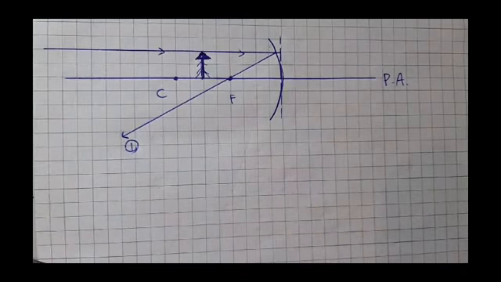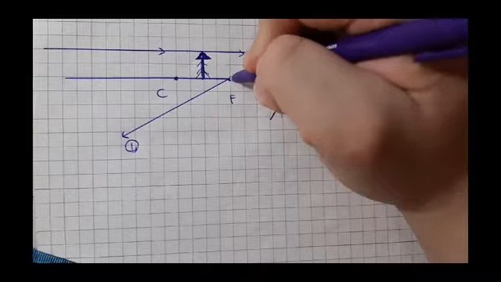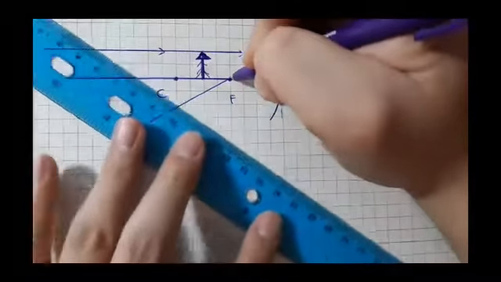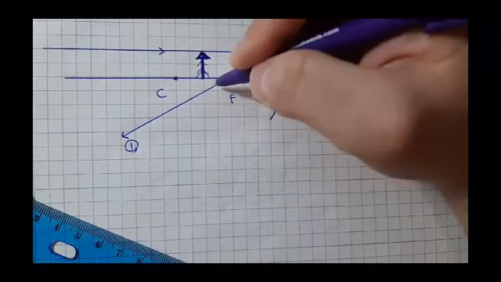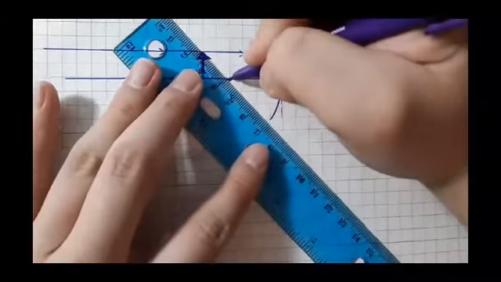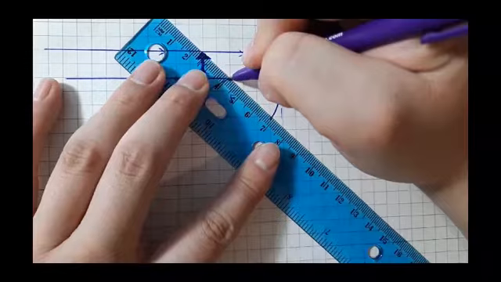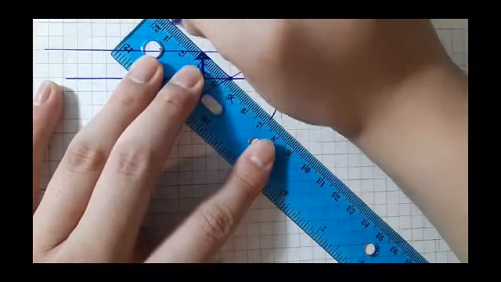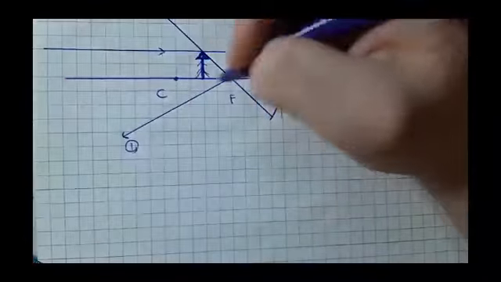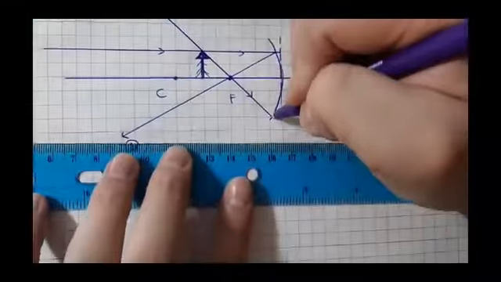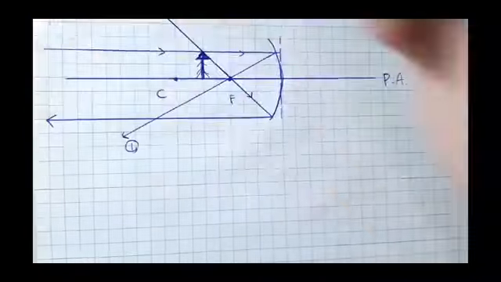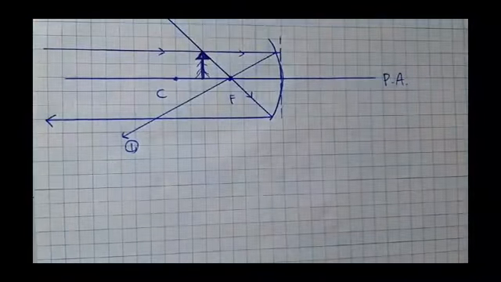Ray number 2 is opposite. In terms of steps, the first one, after the reflection, went through the F, but for the second one the first step is I have to go through the F, but make sure that you're passing the tip or maximum height of the object, and then you're gonna reflect it off.